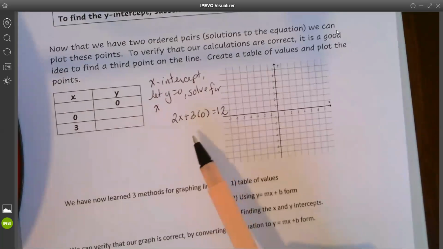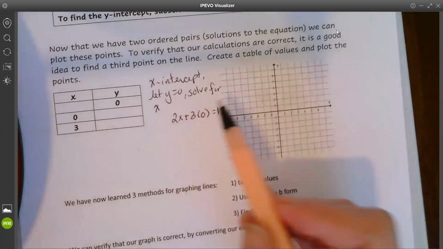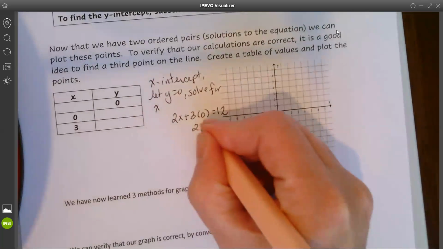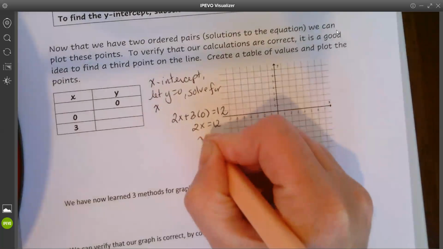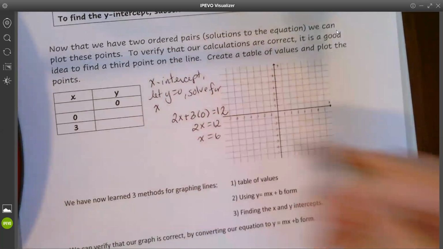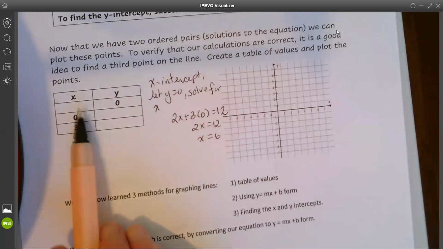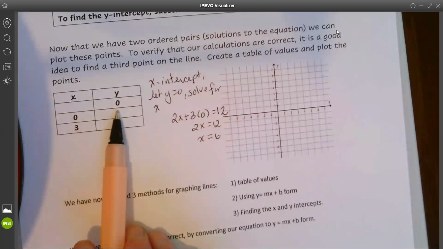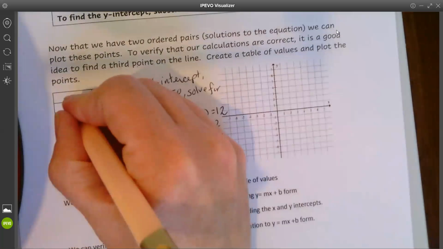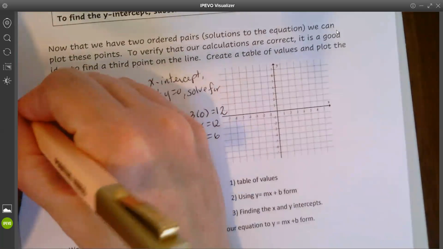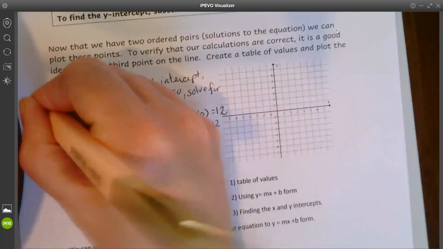Now for the X-intercept, that means we have to let Y equal 0. So we're going to get 2x equals 12. So then x is equal to 6. So over here in this table, I've already said we are going to let y equal 0. So when y is equal to 0, x is equal to 6. And this is our X-intercept right there.